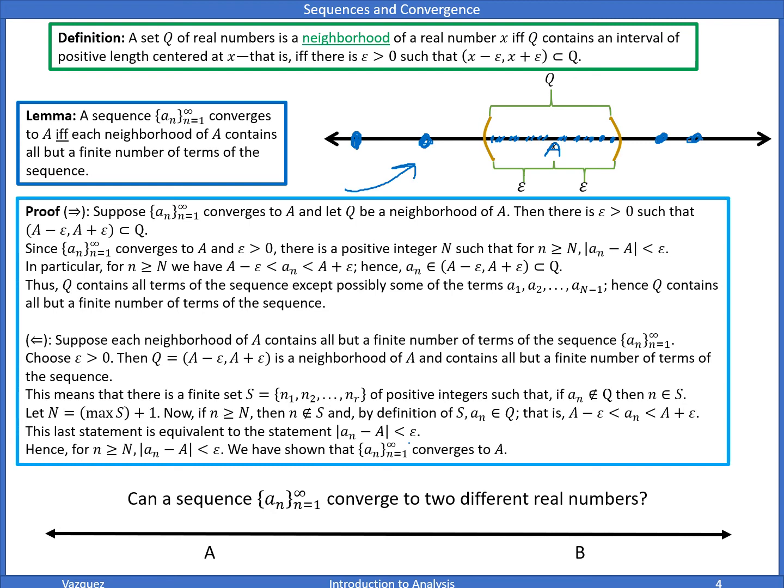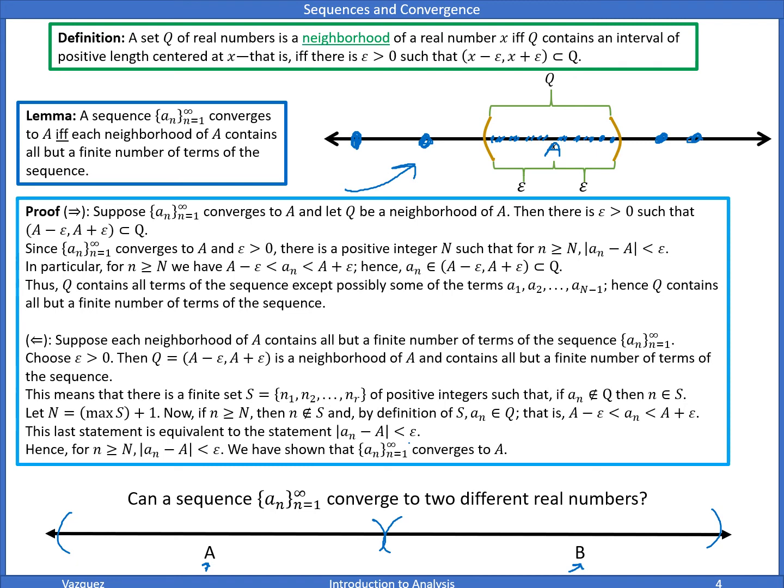What if I had two intervals, one interval centered at A, one limit point, and another interval centered at the second limit point B? Can a sequence converge to both of those? If you want to pause it, take a look at that lemma that we just proved. What does that tell us?